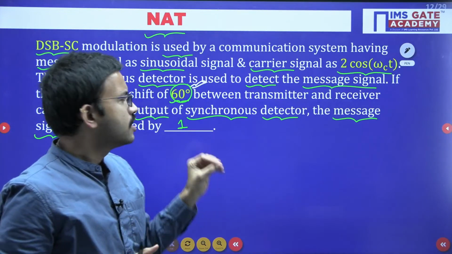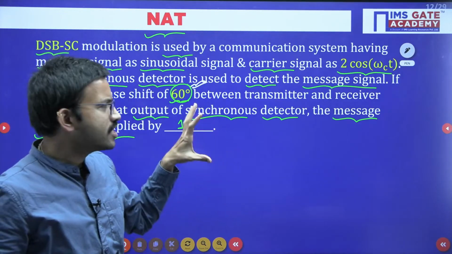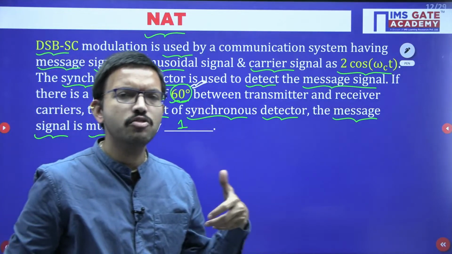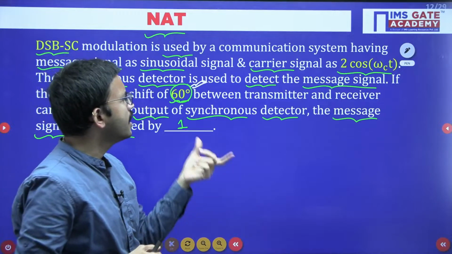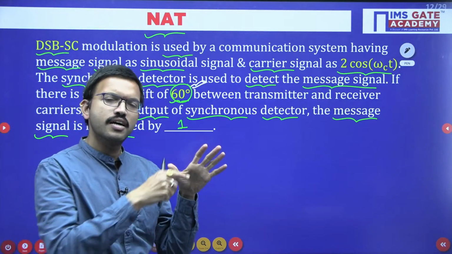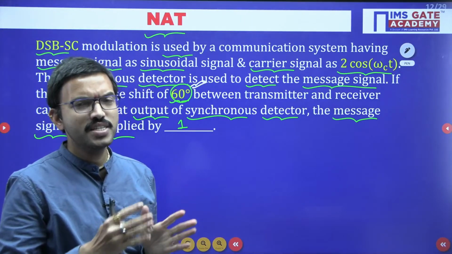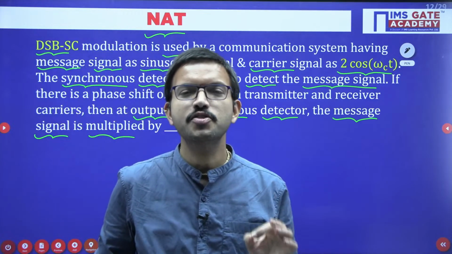If you apply those conclusion points directly, you can easily solve DSB-SC questions and DSB-SC demodulation without using pen and paper.